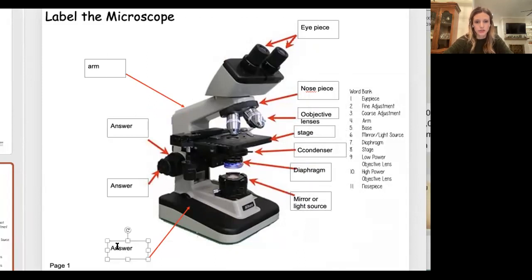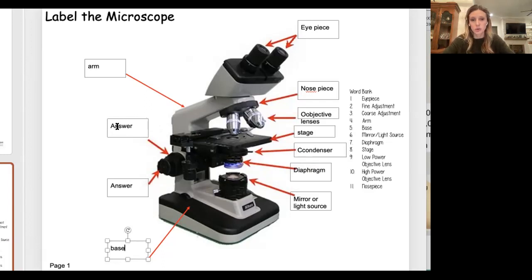Okay, so now we're down here on the bottom. This is going to be the base. Now these are going to be your adjustment knobs. One of them is going to be your coarse and one of them is going to be the fine. Think about it like the alphabet: A, B, C, D, E, F. C comes before F. So C is going to be closest to the arm.